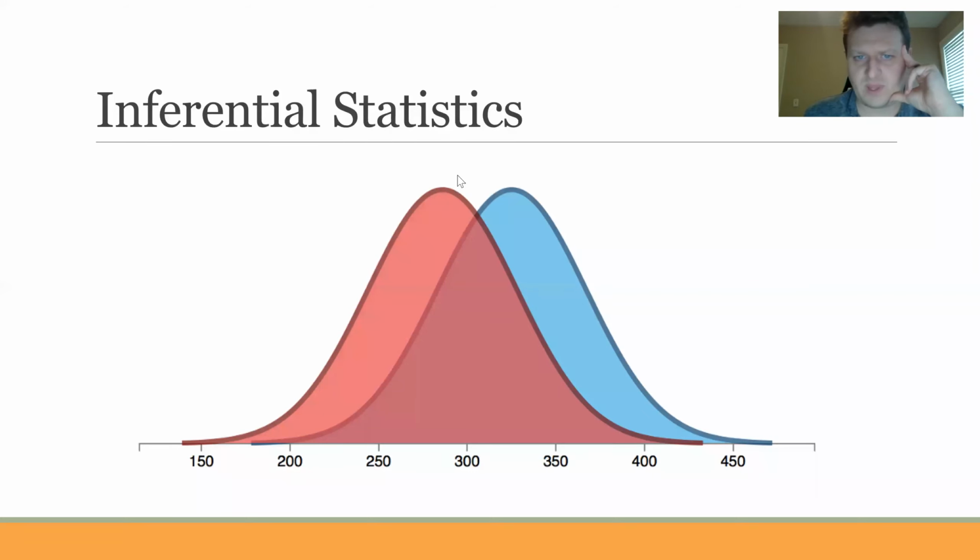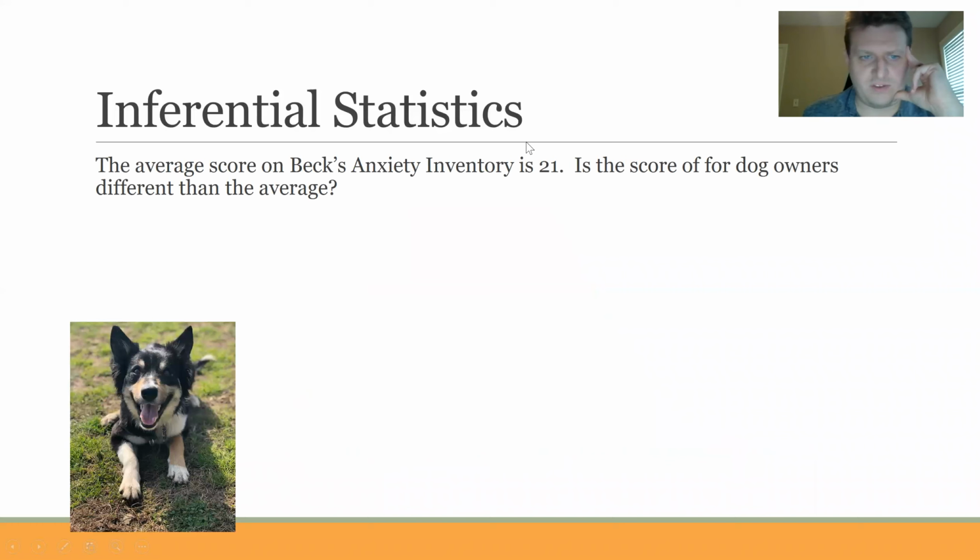All right, let's jump forward a little bit. So that's one example. Here's another example of a problem from inferential statistics. All right, so maybe the average on Beck's Anxiety Inventory is 21. Is the score for dog owners different than the average? All right, we might randomly select dog owners, maybe 10 of them, maybe 30 of them.